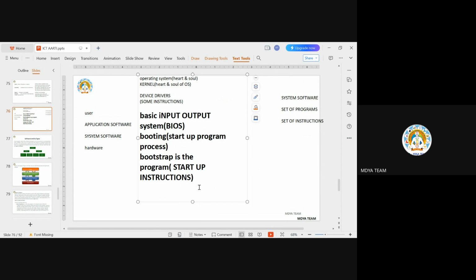Okay, all instructions on how the computer will start. When you switch on the computer, the command goes to the operating system, it will load in the computer, then the startup instructions run. When you start the computer, the processing happens one by one.